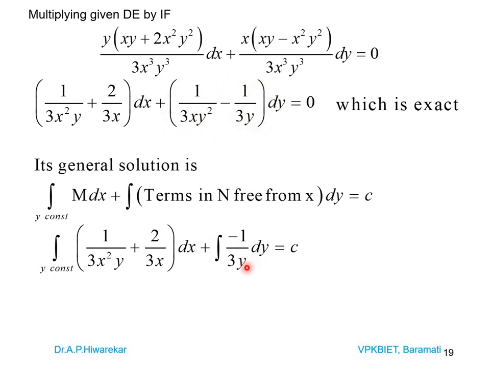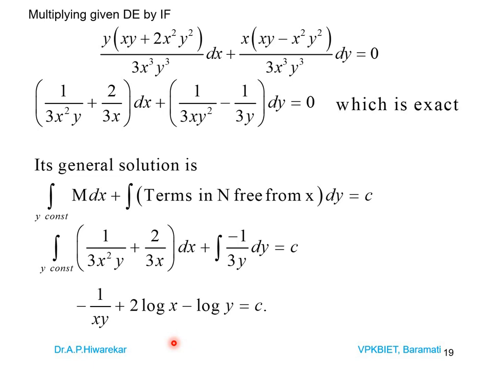So it is 1 by 3y dy is equal to 0. 1 by 3 is common, we can cancel that. And we know the integration of 1 by x² is minus 1 by x. So it is minus 1 by xy plus 2 log x minus log y is equal to 0 as a final answer. So the general solution of the given differential equation is given by this identity.